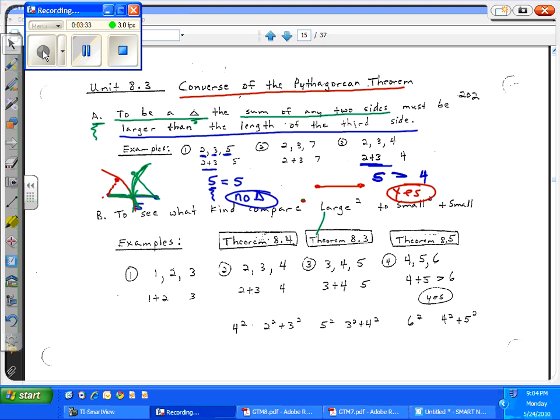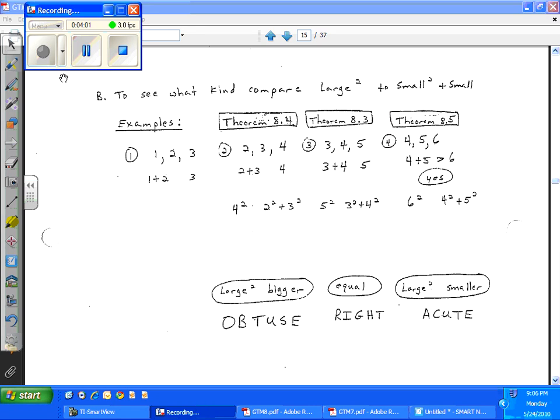Okay. If this was 4, and we had a piece that was 2, and we made an arc, and we had a piece that was 3, and we made an arc, those two arcs would hit above, and so it would make a triangle because the sum of the smaller two is greater than the length of the third.